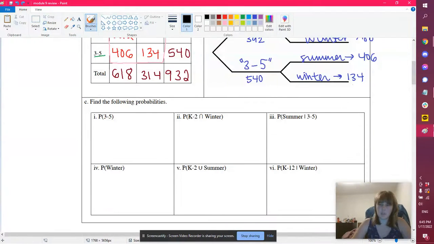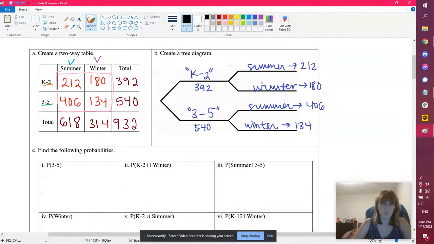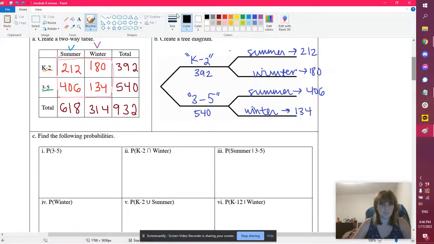We're going to do some probabilities, and you can decide which one you like looking at best. I like looking at the 2A table best, so I'm going to use the 2A table, but you can use whichever one you want. So when it says find the following probabilities, this is the probability that we're from 3 through 5. This one's the probability that you're in K through 2 and in winter.